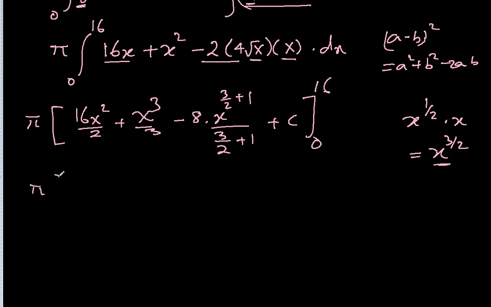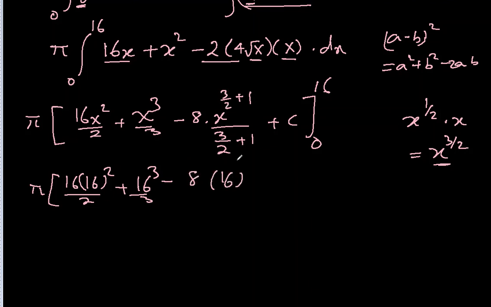Pi, 16 times 16 squared over 2 plus 16 cubed over 3 minus 8 times 16 to the power 3 over 2 plus 1 is 5 over 2, over 5 over 2.